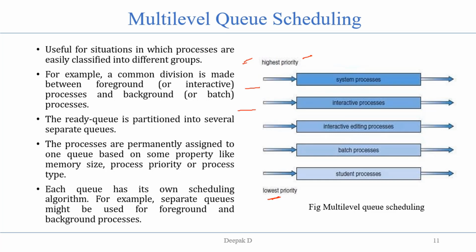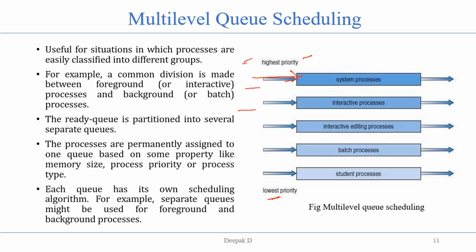Again, remember, each queue has its own scheduling algorithm. For example, you may have separate queues for foreground and background processes. The foreground queue might be scheduled using the round robin scheduling algorithm, and for the background queue you might use the first come first serve scheduling algorithm.